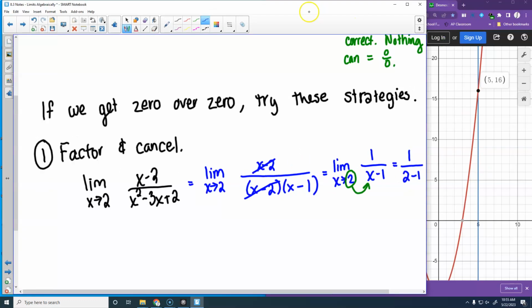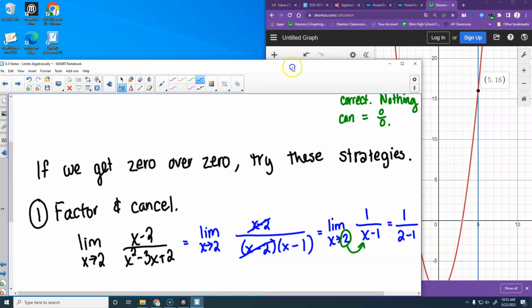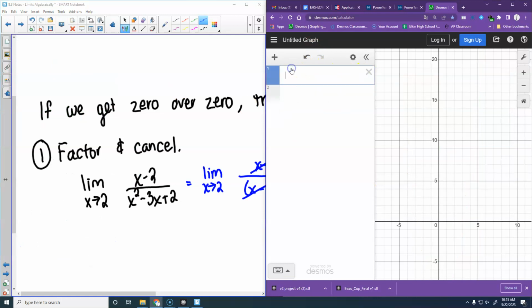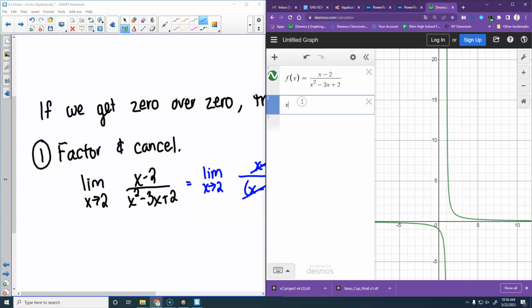If we switch over to Desmos real quick just to look at what we're seeing here. If we look at x equals 2, it looks like it's solid right there.